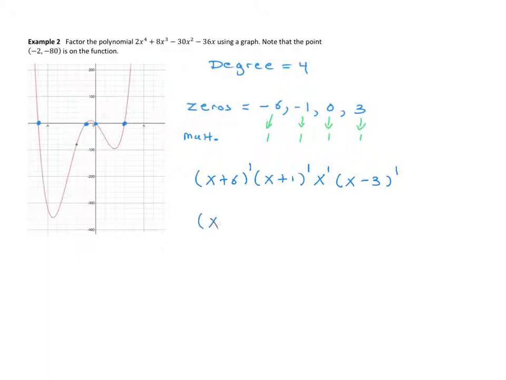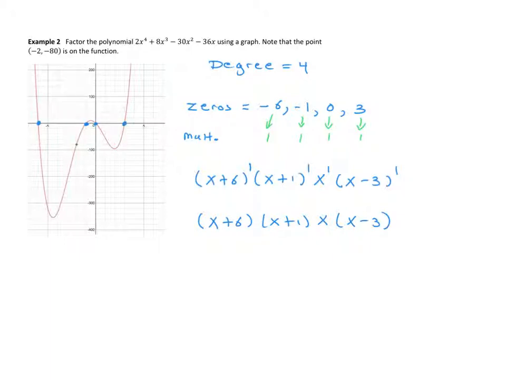You could simply put x plus 6, x plus 1, x, and x minus 3. So this is a good start for the equation. But there's a problem. I see that there's this 2 here, whereas if I multiply all this stuff together, I'm going to have just a 1 in front of my x to the power of 4. So I have to fix this in some way.